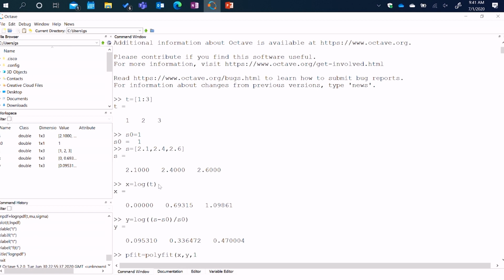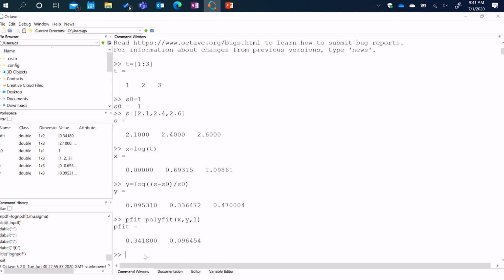Here, the degree is a straight line. Therefore, we want to fit a straight line between x and y, because x and y are in log form. And remember, this is the linearized form. Therefore, I want to choose a degree value of 1 for polyfit. When I fit a straight line, I'm going to get two quantities as a result of that fit. Those two quantities will be assigned to pfit. The quantities are slope and the intercept.